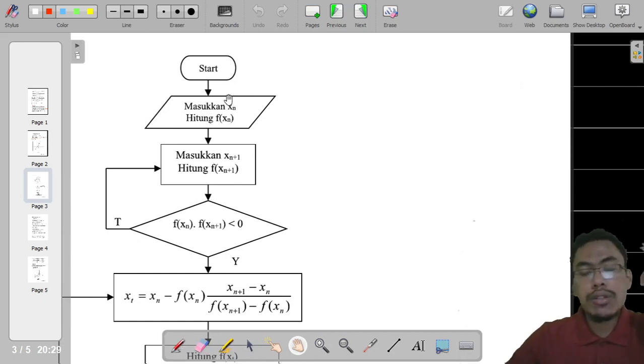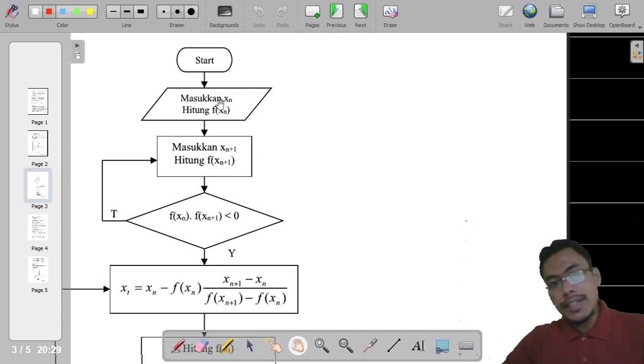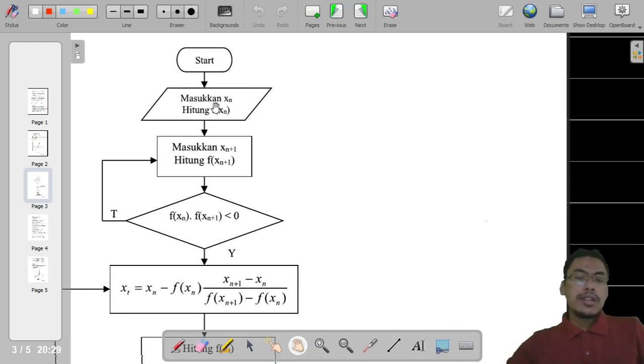It can be 1 or it can be 2, it's up to you. And then after we decide the value of xn, we calculate the result of f(xn).